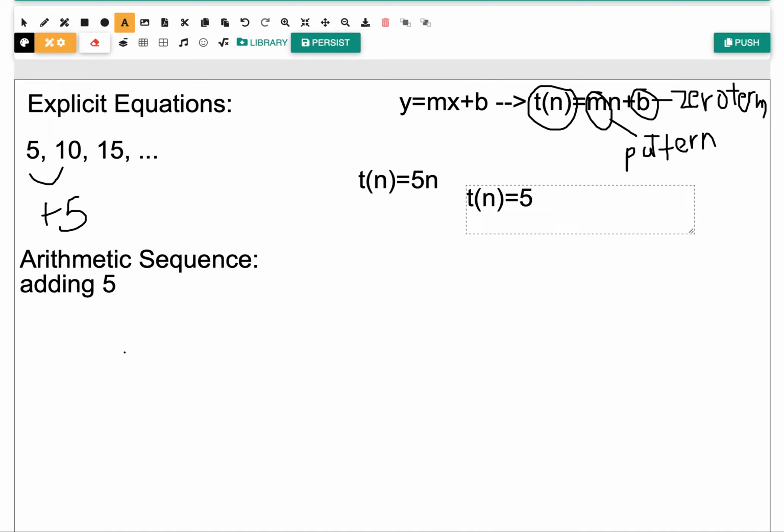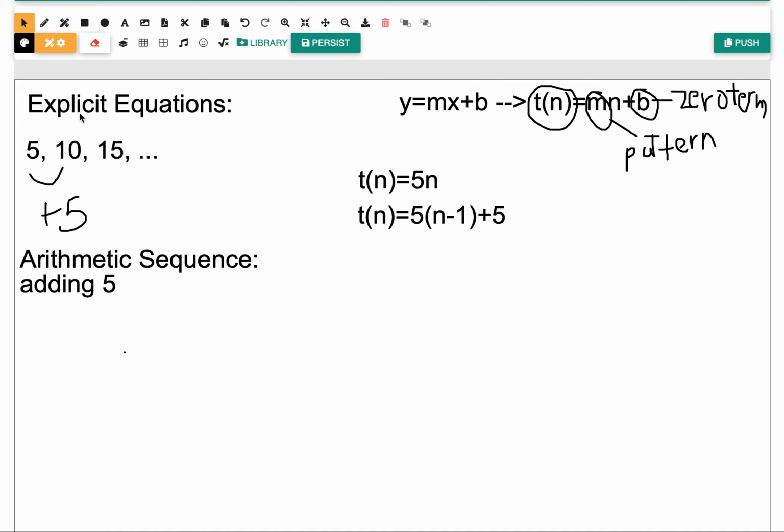The pattern is still 5. Instead of n, I'm going to say n minus 1 plus 5. Again, I'm using my first term, therefore I'm going to take it away from the n. And let's keep doing it to see if you see the pattern.